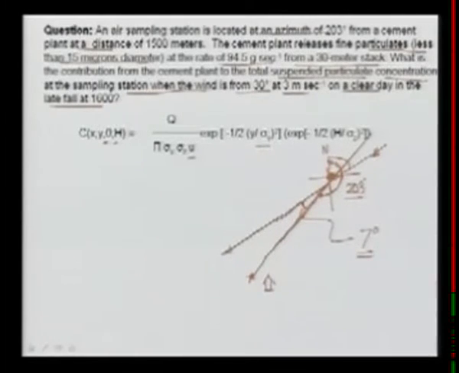Okay. Now, if you recall, in the Gaussian plume model, that is the model you see here, always remember the direction of the wind is the x direction. So, this is my x direction. And so, I need to know the distance, that is the component of this station in this direction.